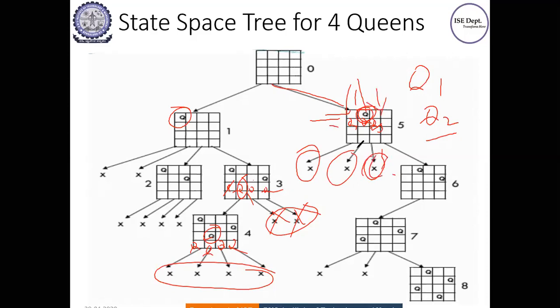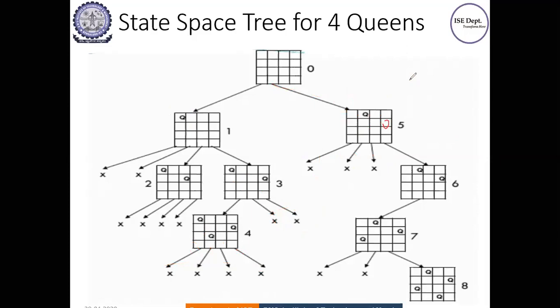Even here it is a dead end, not possible. What if I place it in the second row and the fourth column? It is acceptable because there is no attack. So I have written correct here. Of all 4 possibilities we tried, the last one is acceptable.